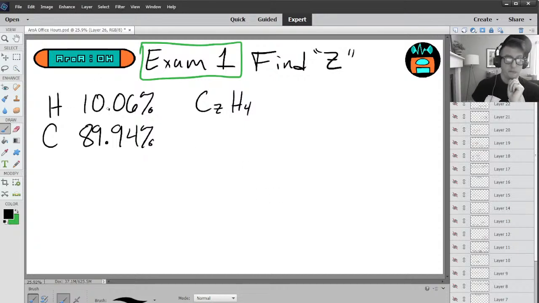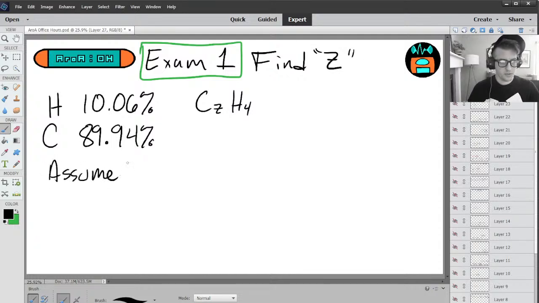We know that hydrogen is 10.06% of this molecule, and carbon is 89.94. So let's, for a moment, assume that we have 100 grams.